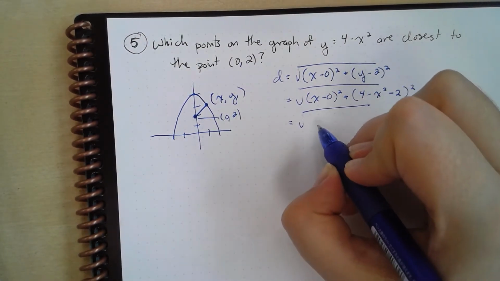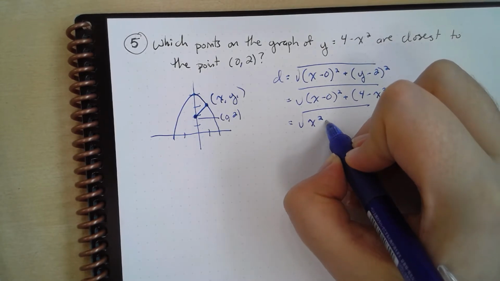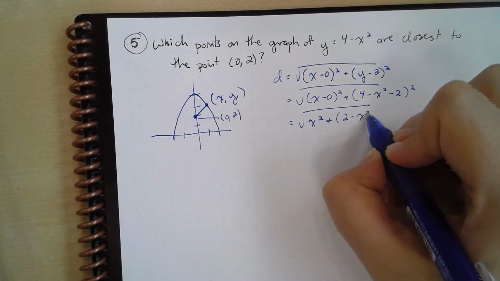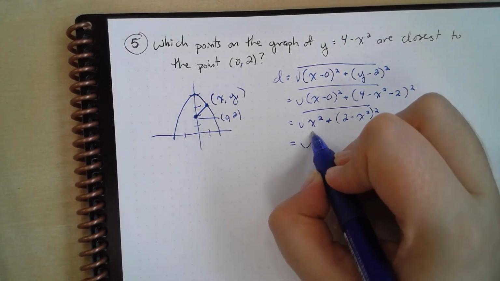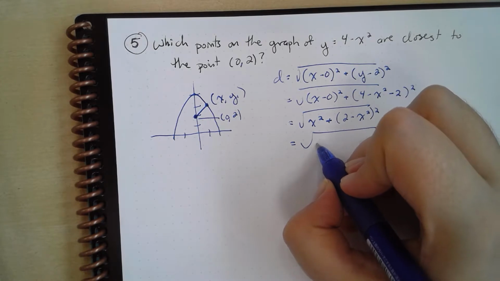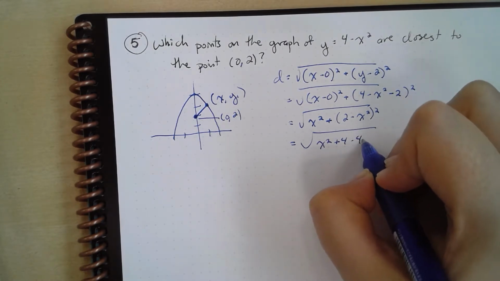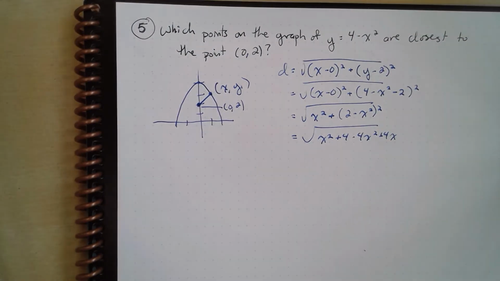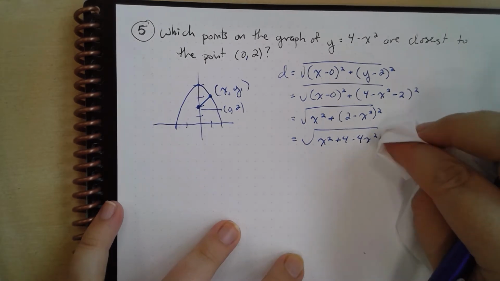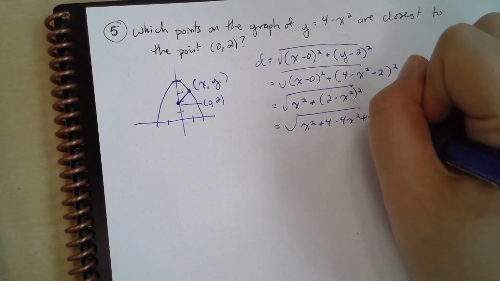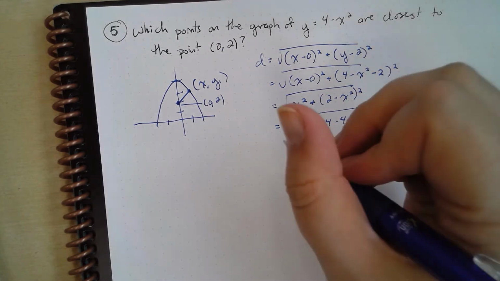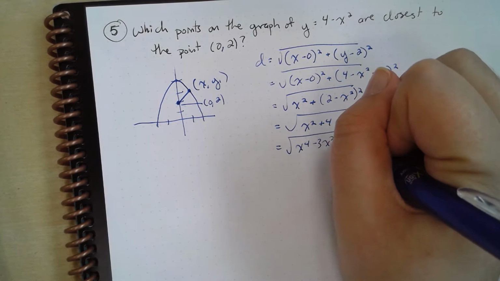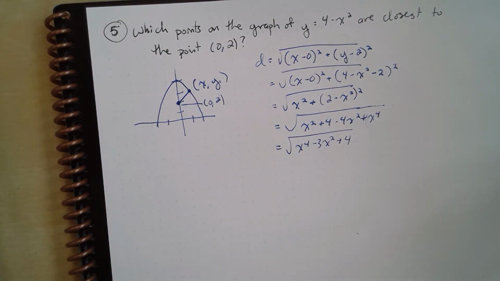So I get the square root of x squared plus 2 minus x squared squared, which becomes the square root of x squared plus 4 minus 4x squared plus x to the 4th. I just misspoke there. That's still all underneath the radicand. So that's equal to x to the 4th minus 3x squared plus 4. Just leave it like this for right now, okay?